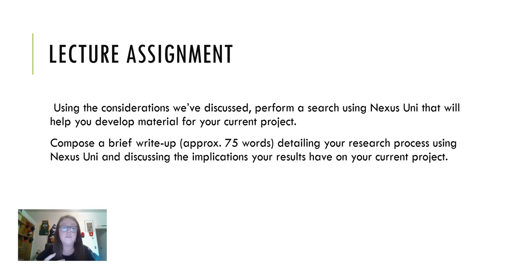I think this is going to inform how I synthesize this source and this source, or how I develop my argument in this way. So it's very open. Again, just tell me how you went about searching and how those results are going to help you with whatever project you're working on right now.